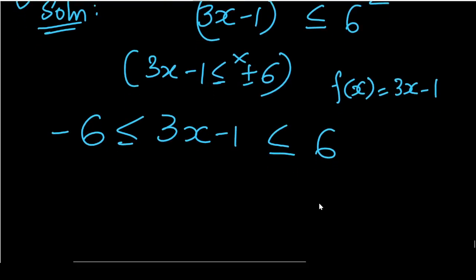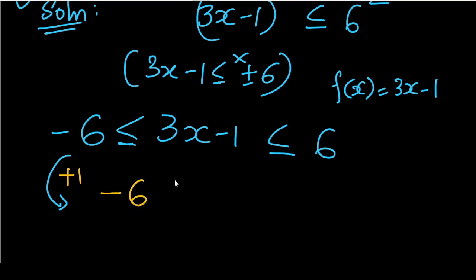In this kind of equation, two linear inequalities are there simultaneously, which can be solved by removing 1 here and then the coefficient of x to get the value of x. So we will add plus 1 to all three sides of the inequality. What will we get, guys?